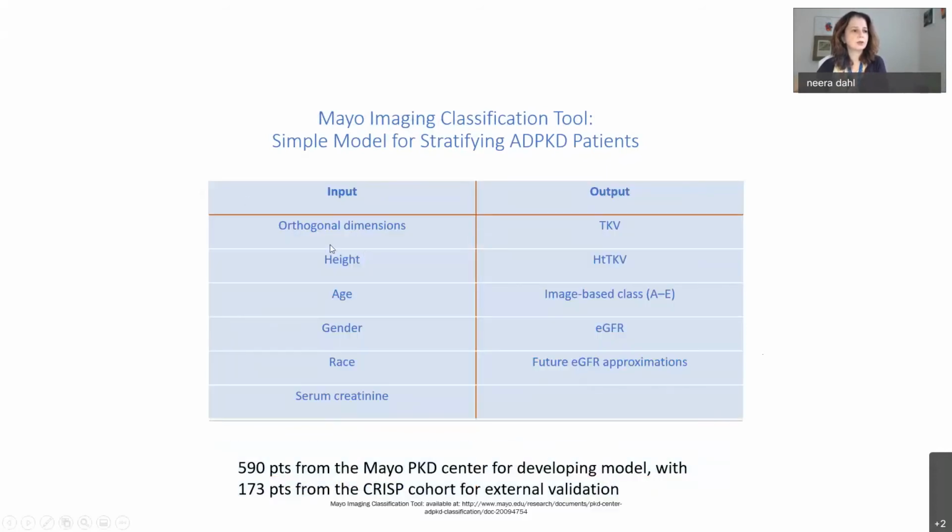So what gets put in is the height of the patient, the age, the gender, the race, and some orthogonal dimensions, so the depth, length, and width of the kidney. And what is calculated is the total kidney volume, the height-adjusted total kidney volume, an imaging classification, and then some future eGFR approximations.